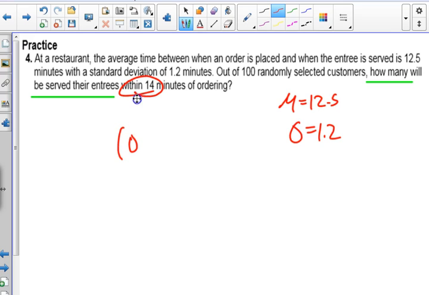So if we want within 14 minutes, we want from 0 up to 14, where the mean is 12.5 and the standard deviation is 1.2.